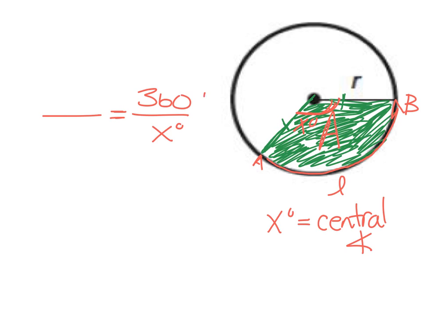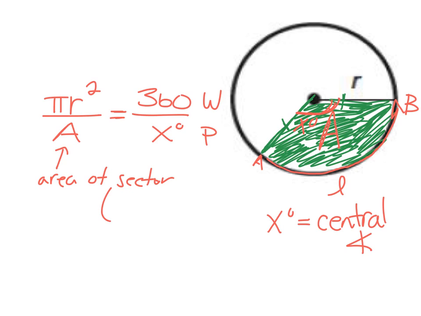So if we're talking about the whole over the part, then the whole circle, we can find the area as pi r squared. And the portion that we want to find is going to be this A, the area of the sector. And you can think about that sector as being a slice of pie.